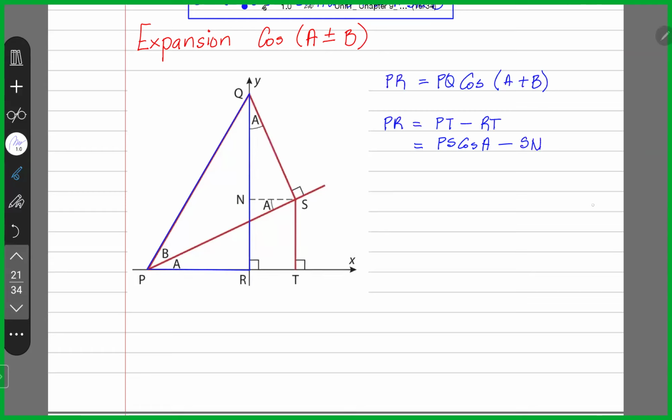SN is QS, the sine of A. So this is PS, the cosine of A, minus QS, the sine of A.